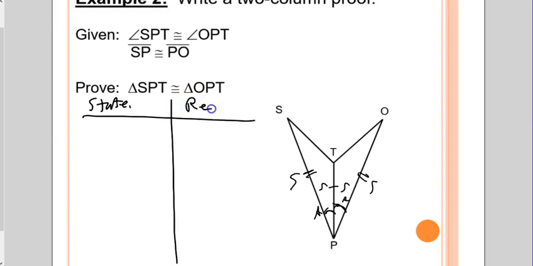All right? So, statement, reasons. So first off, start with the given. So we just repeat what we were given, literally. Angle SPT is congruent to angle OPT. Then line segment SP is congruent to line segment PO.